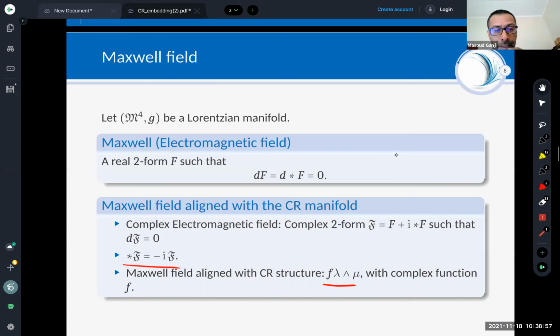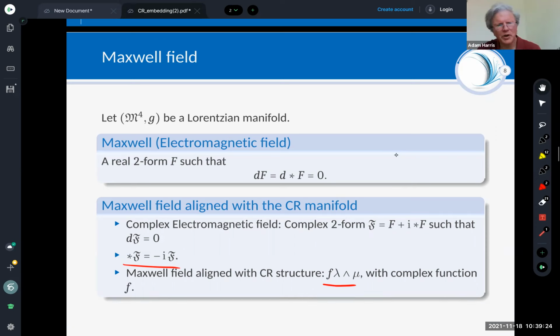Yes, exactly. This is Nurowski's terminology to say a Maxwell field which comes from the structure is introduced in this way. And we observed it is nothing but the closed section of the canonical bundle. And we don't need to talk about Maxwell field for the embedding problem. This was our observation.